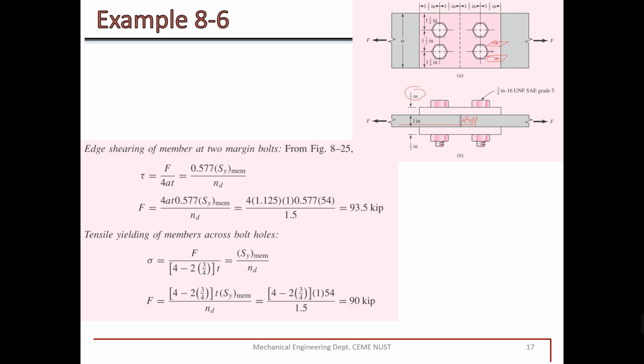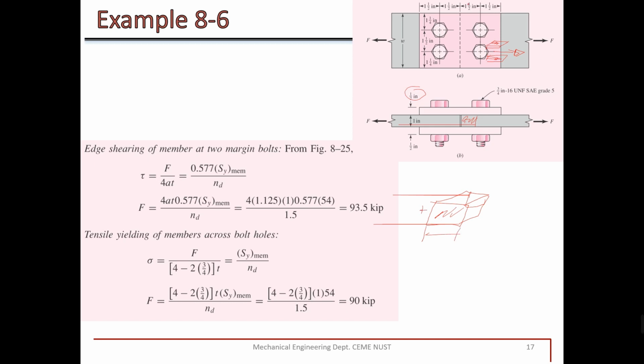If this area is small, due to shearing this whole slice will come out like a slice of cake. So what will be the shear area of this slice? If this slice comes out, the shear area will be this one and this back area. How is it calculated? It is the height or thickness, and this is the distance from the edge.